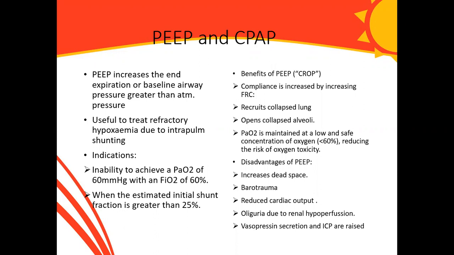The intrapulmonary shunt greater than 25% is an indication to introduce PEEP. What are the benefits of PEEP? It increases lung compliance by increasing the functional residual capacity. It helps to recruit collapsed lung.